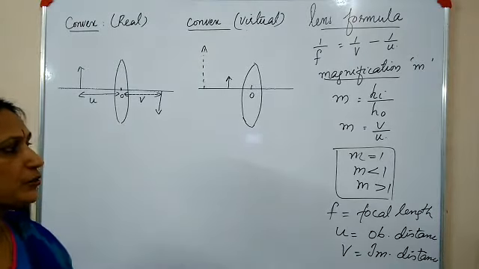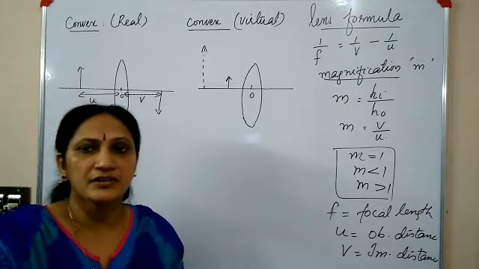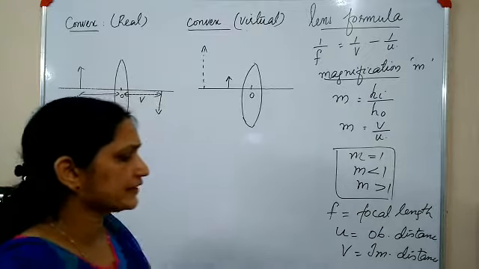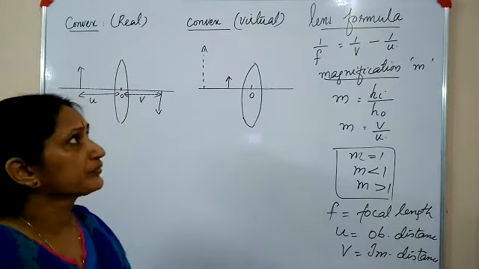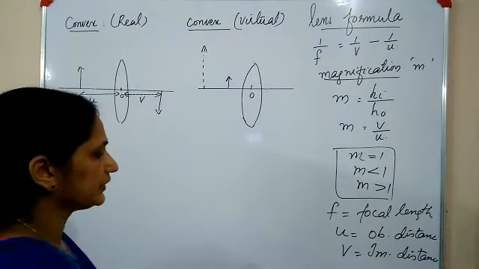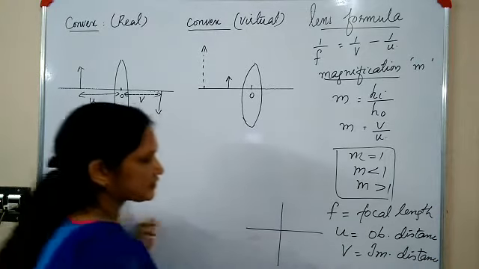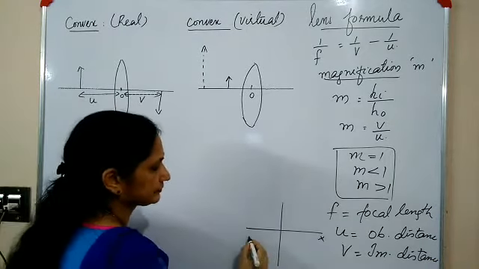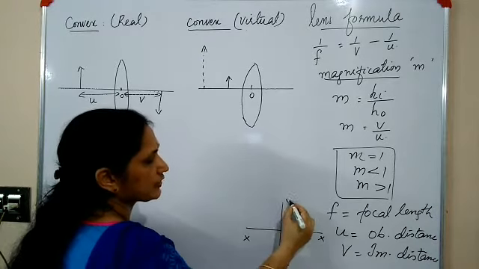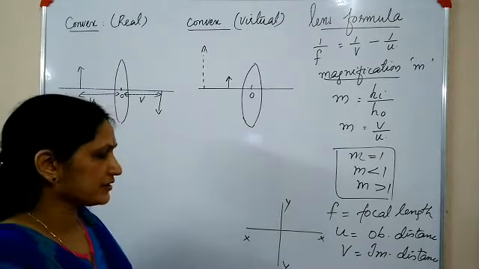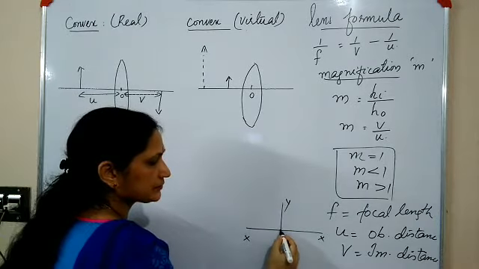For that you have to follow the Cartesian coordinate system. We have studied in graphs how to decide the sign of Cartesian coordinates. It is like this. This is the x coordinate and here is the y coordinate, and this is the origin.